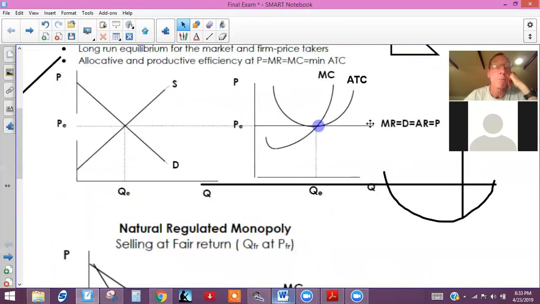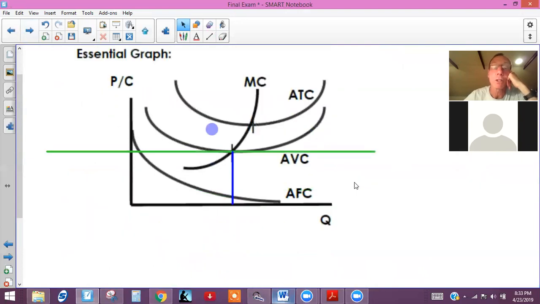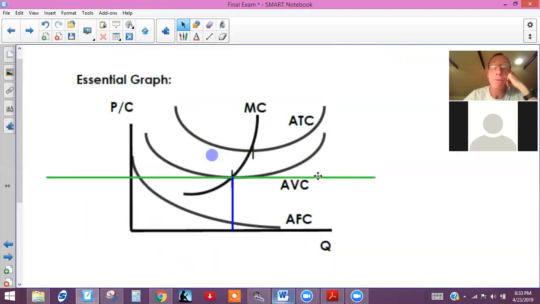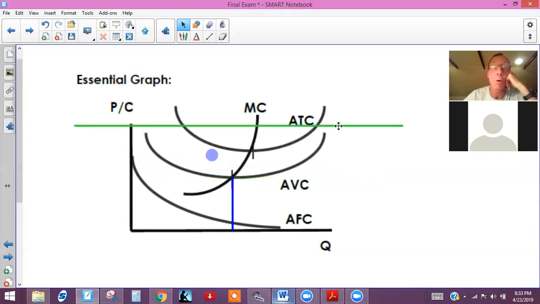Now, going back to this over here, just keep in mind, if the price is up here, once again, the price is coming from the market, so this firm doesn't have any control over the price. They're a price taker. They're going to produce where marginal cost equals price.